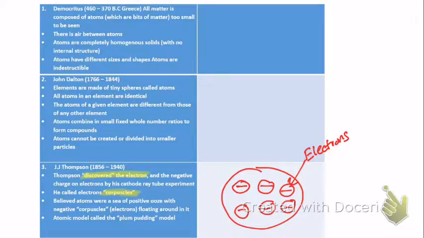Now, he knew that the atom overall was neutral, and this is very important. What that meant is that there was a balance of positive and negative charge. So if the electrons are negatively charged, he also believed that there must be something positive in the atom in order to balance out the negative electrons.